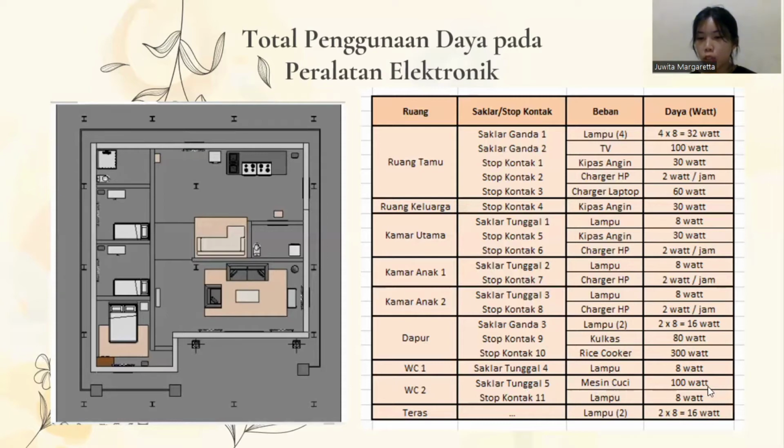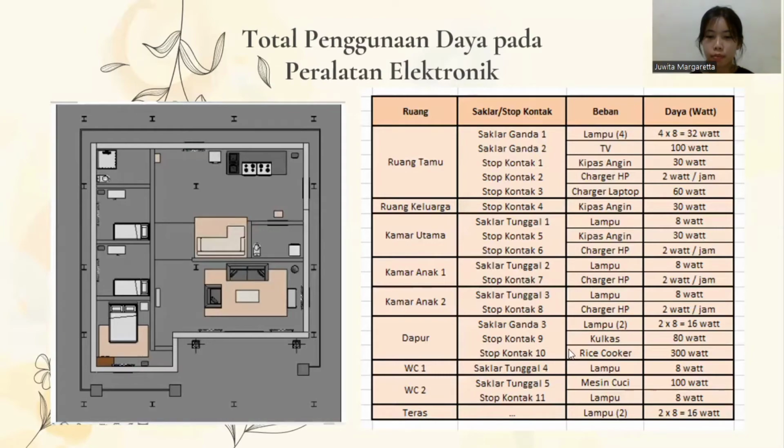The washing machine uses 100 watts and the light uses 8 watts. And the last is the terrace. The terrace uses 2 lights, and every light uses 8 watts. It means the 2 lights have 16 watts.